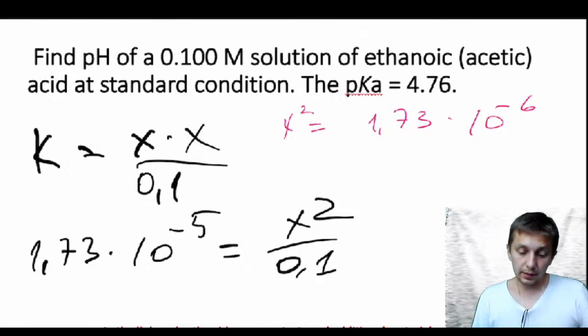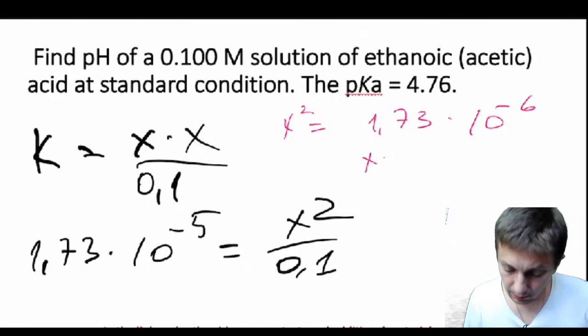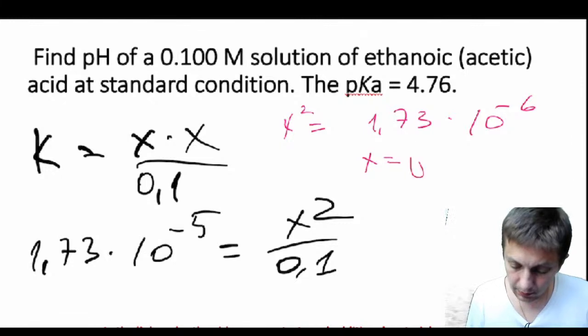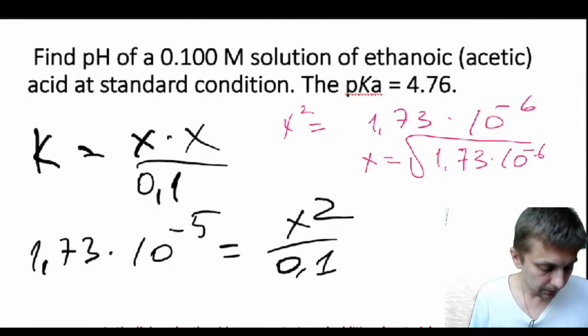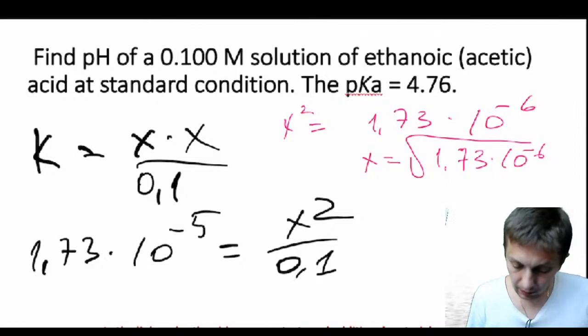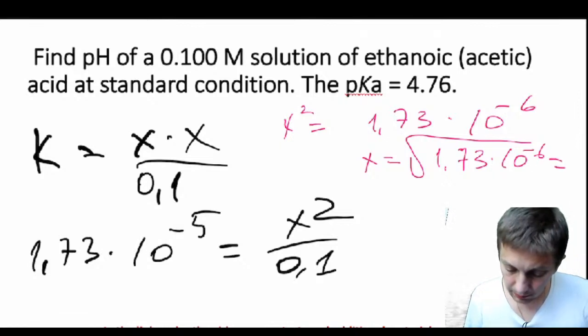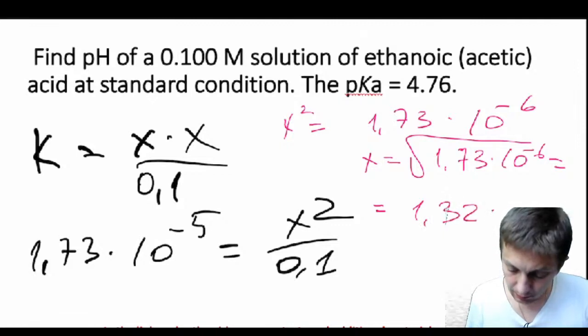And X will be the square root of all of this, which is about 1.3 times 10 to the power minus 3.